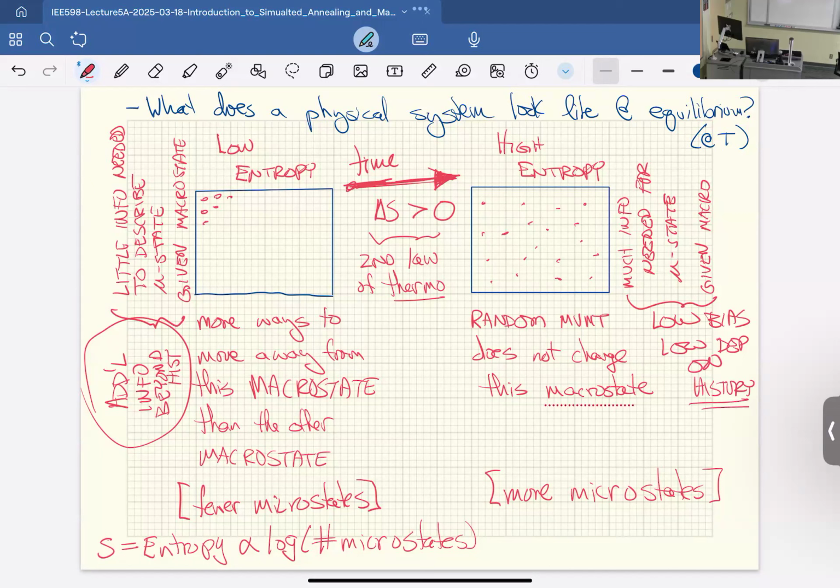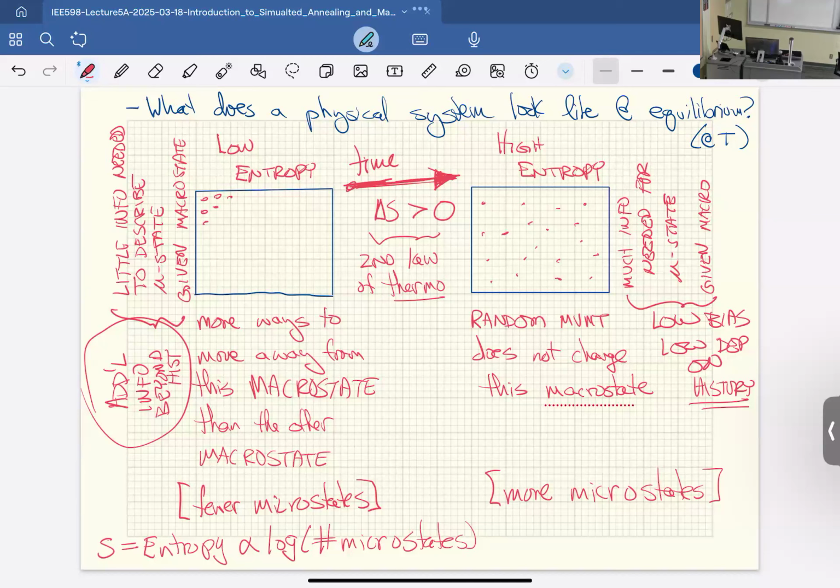So the fact that we need 1,000 bits to specify the microstate here, and only 2 or 3 bits to specify the microstate here, is a reflection that we have given up a lot of hidden information that is shaping the macrostate, so that now the only information left is the raw information about the microstate.